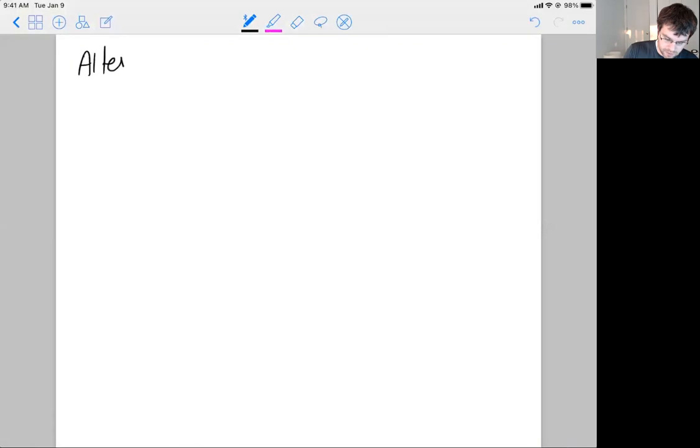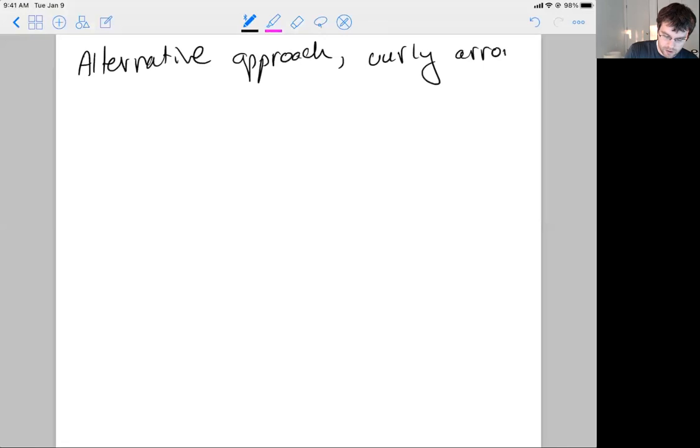So an alternative approach is the curly arrow notation. It's a bit awkward, but what we do is we actually show bonds being made or broken by showing an arrow indicating the path of electrons.